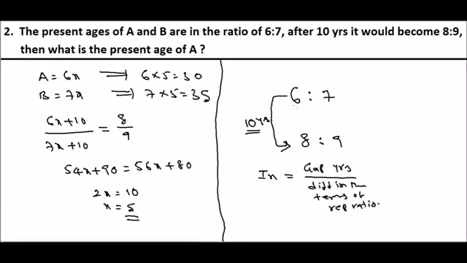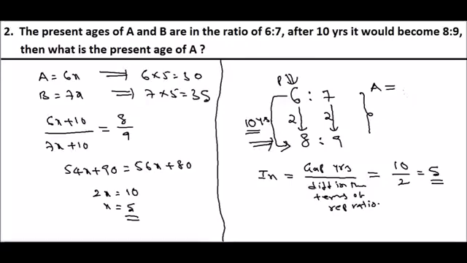What is that one? Here, this term is 6. 6 has become 8. The difference is 2. Here, 7 has become 9. The difference is 2. Now, in both the cases, the difference is the same. For that reason, interval should be 10 by 2. So that is 5. Got the clarity? Now here, I am substituting the values. This is present and this is after 10 years.